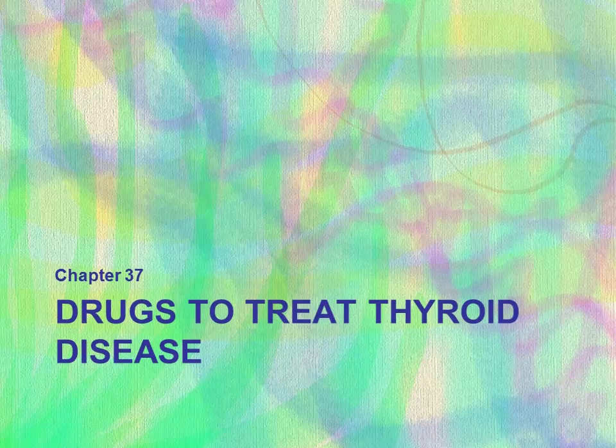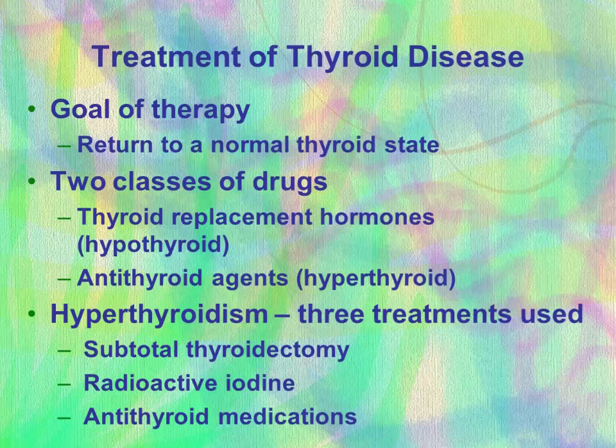Anyway, so let's see. Treatment, the goal is to return the body to a normal or euthyroid state, so that we have a balance again, so that the body isn't in high gear and it isn't in low gear.